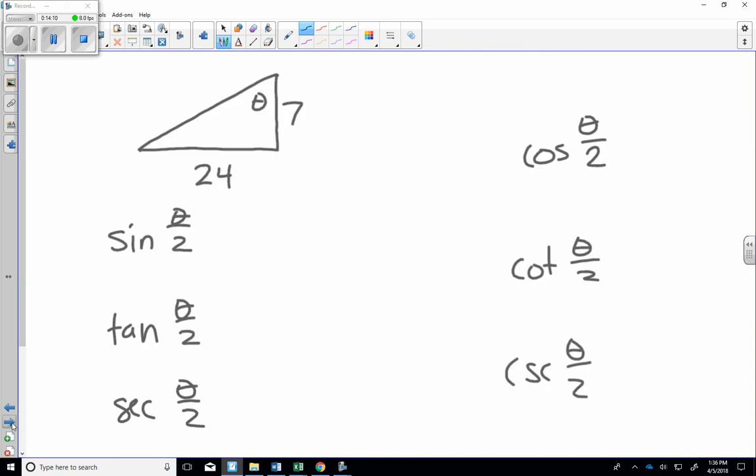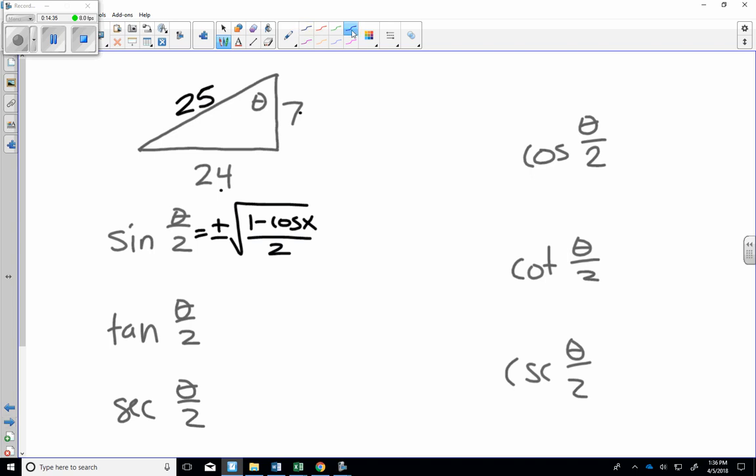Alright, so here we're going to use our half angle identities. The half angle identity is sine of x over 2 is equal to plus or minus the square root of 1 minus cosine of x over 2. And if this is 7 and that's 24, that makes that 25.